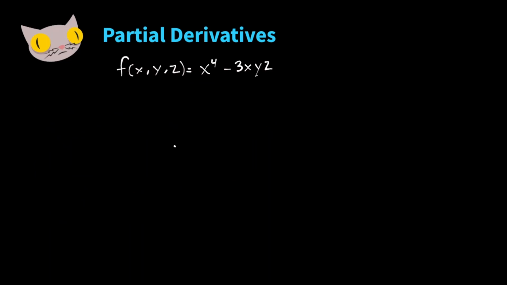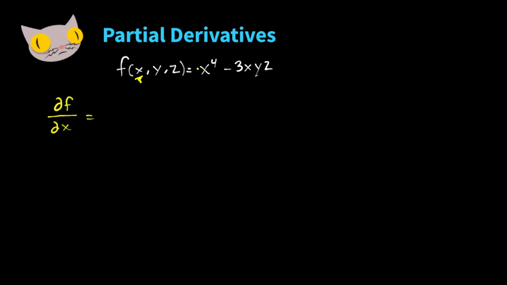Let's do one more example. Let's say we have a function with three variables, x, y, and z, and that function is x to the fourth power minus 3 times x times y times z. Let's first find the partial derivative with respect to x.